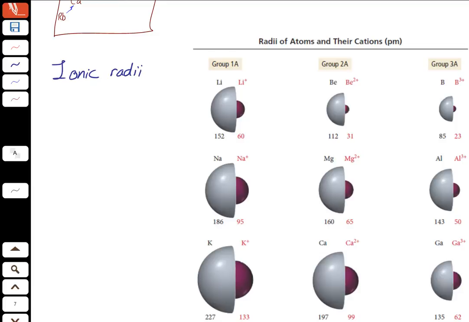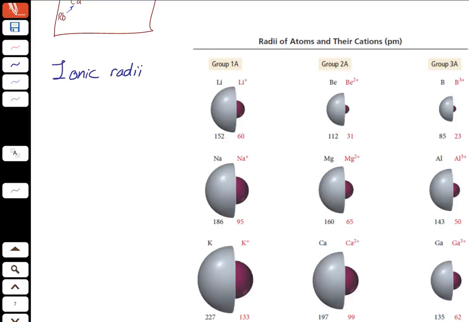Well, okay, so we can see the opposite trend as we go across these. So sodium plus, magnesium 2 plus, and aluminum 3 plus are all isoelectronic. They all have the same electron configuration, which is the neon electron configuration. Everybody agree with me on that? All right. So why aren't they all the same size?